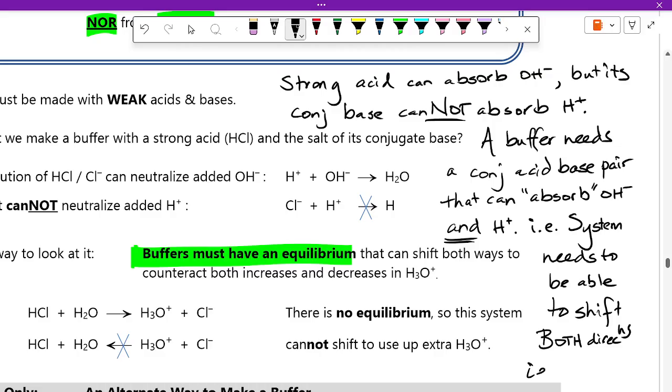In other words, it has to be an equilibrium. And if you've got a strong acid, do you have an equilibrium? No. I feel like I'm belaboring the point. Basically, you cannot make a buffer out of a strong acid or a strong base.